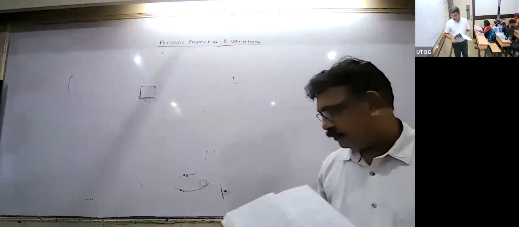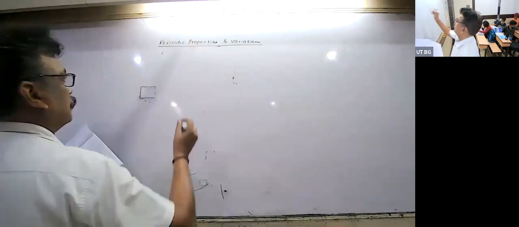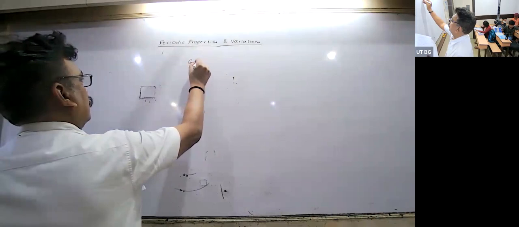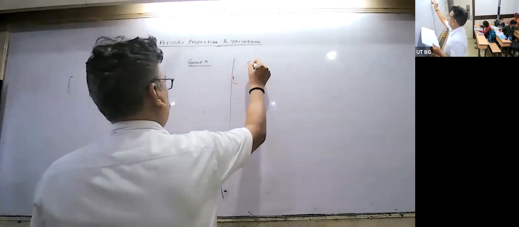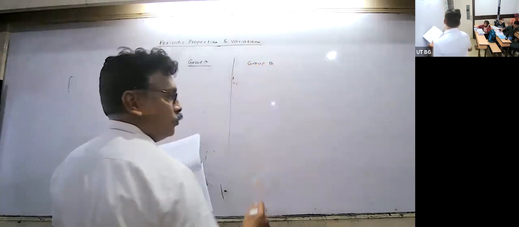number. Review exercise. Now we are making two groups, group A and group B. For example, classwork, group A. Group B this side.